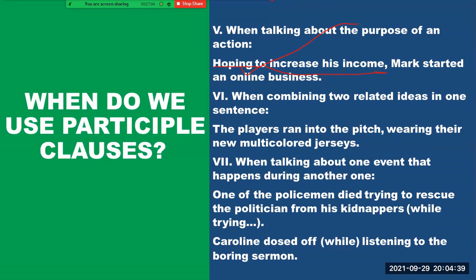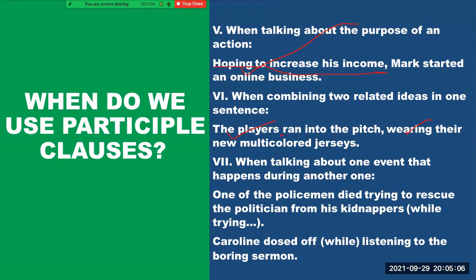Then the next reason for using a participle clause is when combining two related ideas in one sentence. Two things are related, two actions related, and we want to combine the two in one sentence. For example, the players ran into the pitch wearing their new multicolored jerseys.